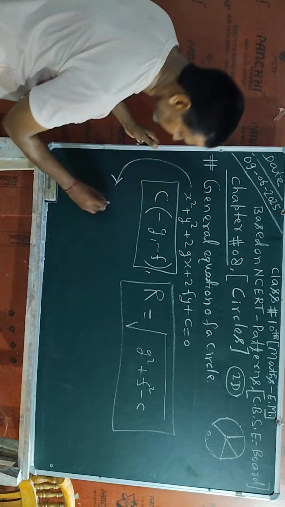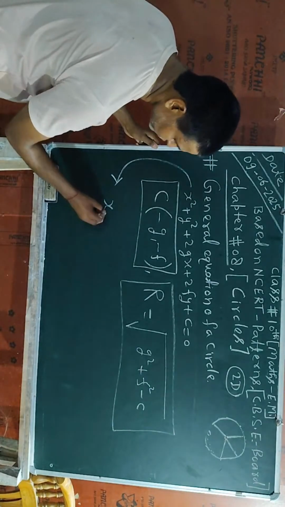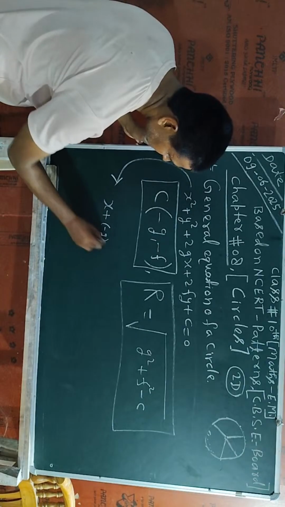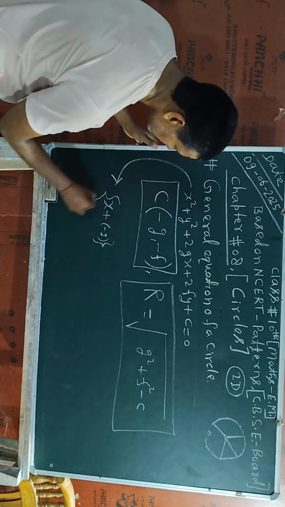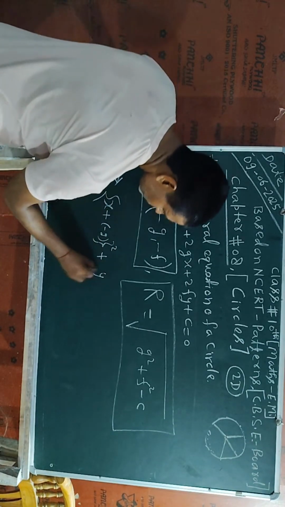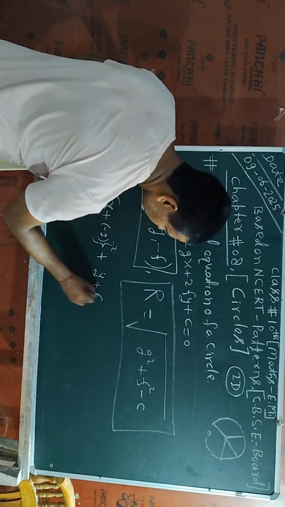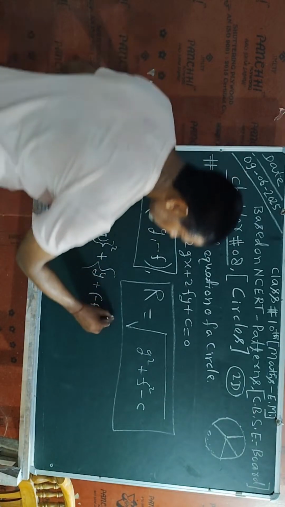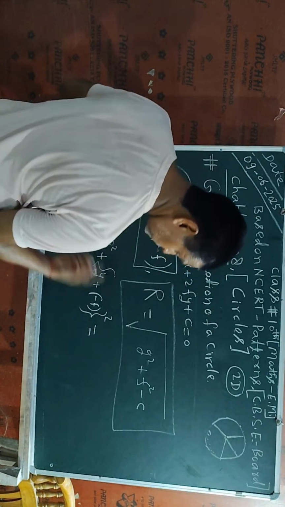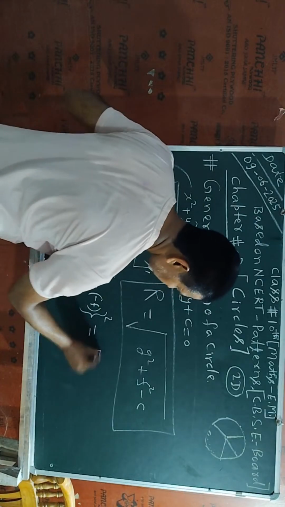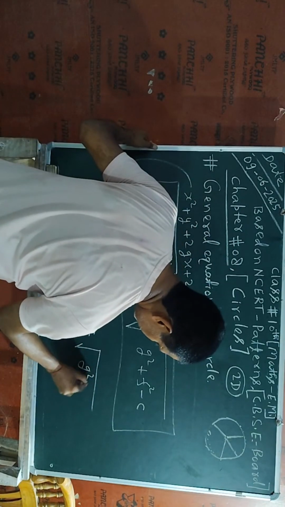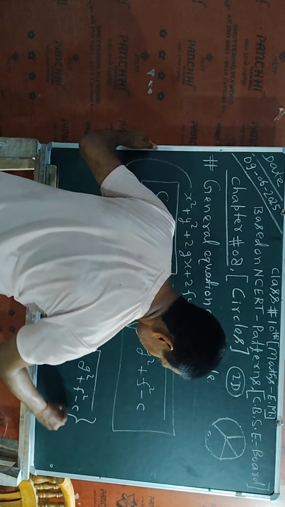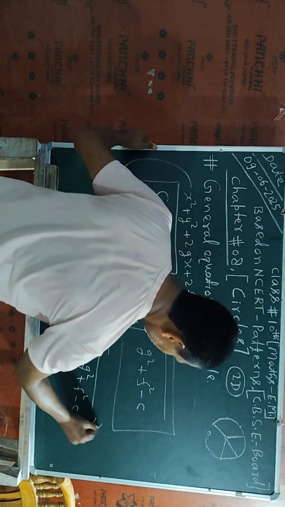If I arrange it, it will become x plus g whole square plus y plus f whole square equals g square plus f square minus c. So I will write this information here.